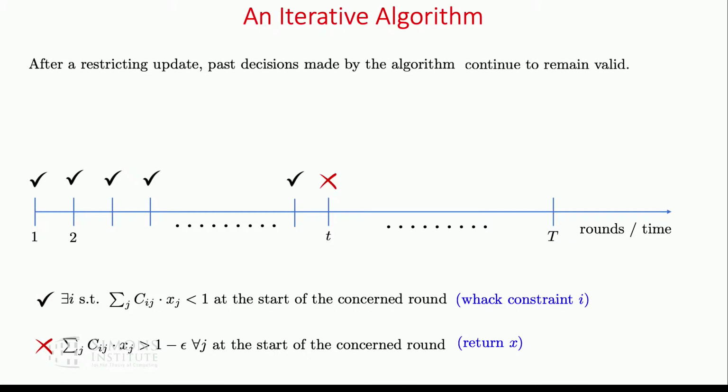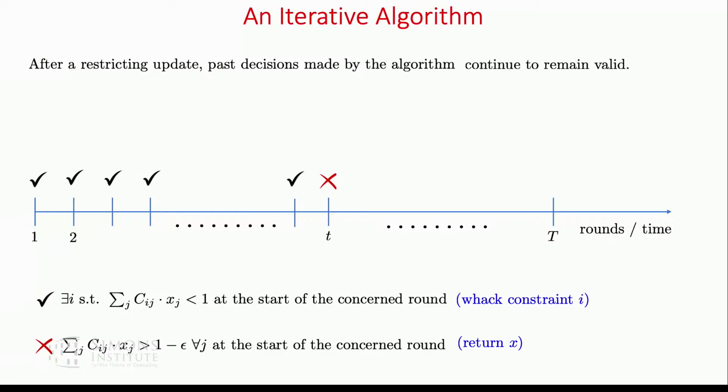These partially dynamic settings with the restricting updates are nice in the sense that after a restricting update, the past decisions that you have made continue to remain valid. So for instance, if you visualize a restricting update by saying that, okay, an element is being inserted, that's our restricting update. So there was a constraint that's now present, which was not present before.